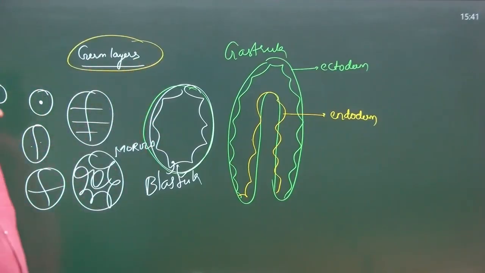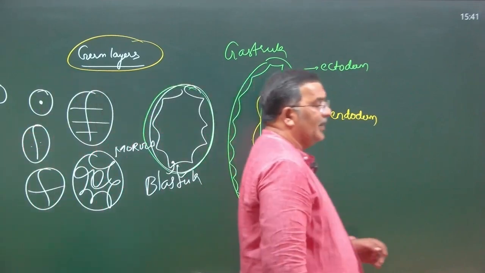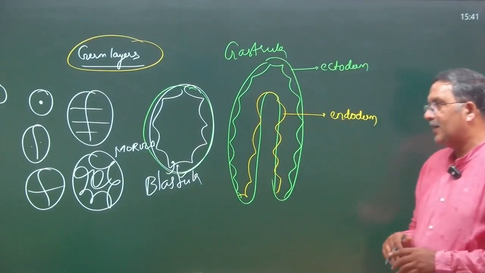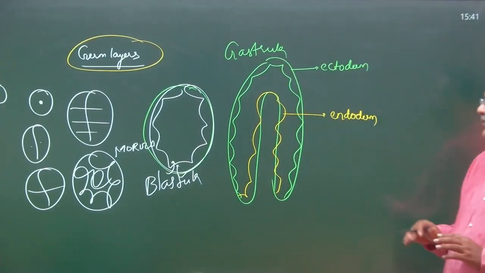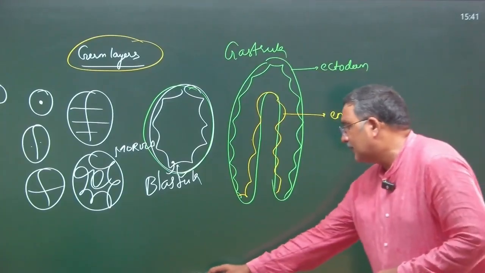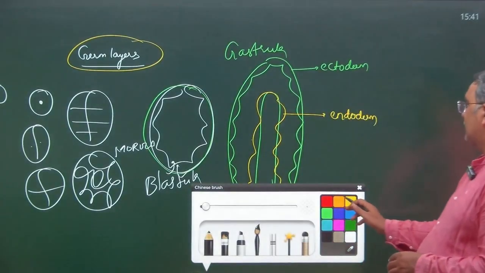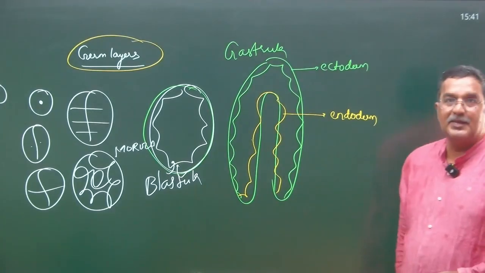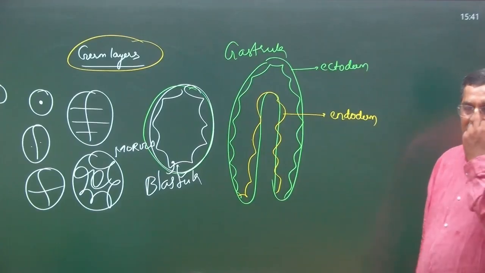Surprisingly, this gastrula, even in a human being, might vary a little, but the stage name is gastrula itself. Germ layers are going to be the same. In any organism, after a period of time, human gestation period is 9 months, isn't it?